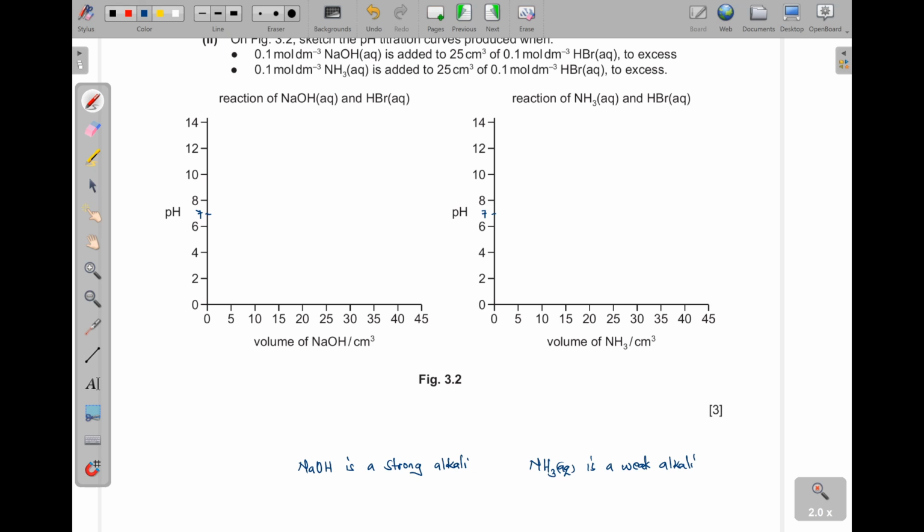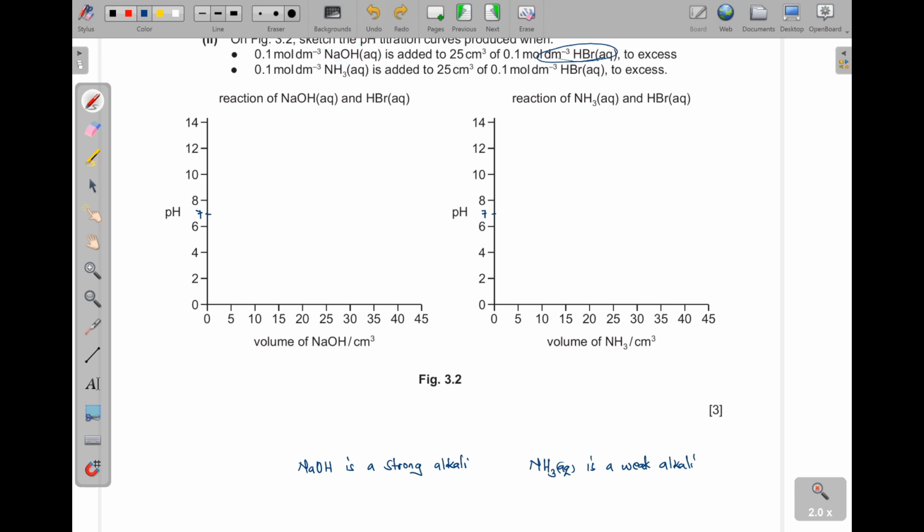Now, when these ones are reacting, the first one here, sodium hydroxide, we have a strong acid and a strong base.